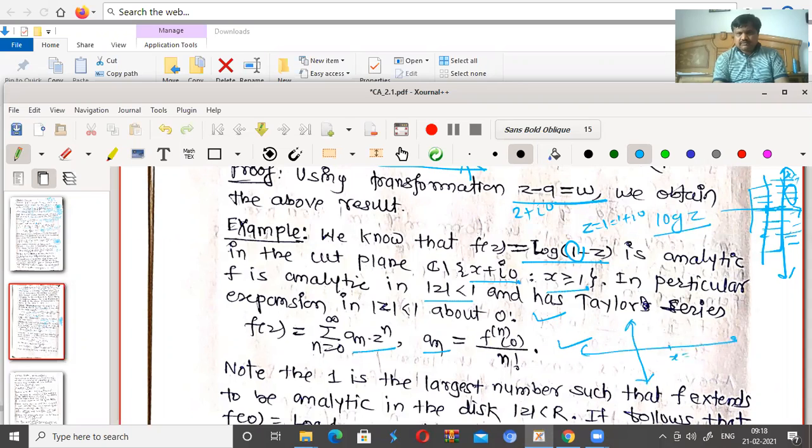Suppose this is x equal to 1. Then this region is x greater than or equal to 1. So we will consider the whole part C minus x plus i0 for x greater than or equal to 1.